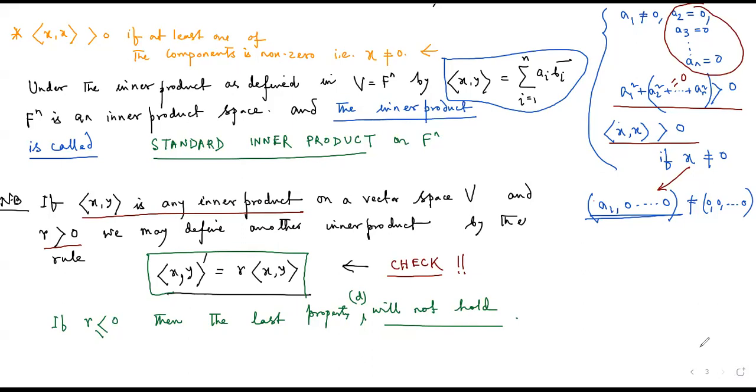There are various different inner products, and the most important two of them are the standard inner product and the Frobenius inner product. The Frobenius inner product is actually used in quantum mechanics, not the standard inner product. You will get to see gradually.